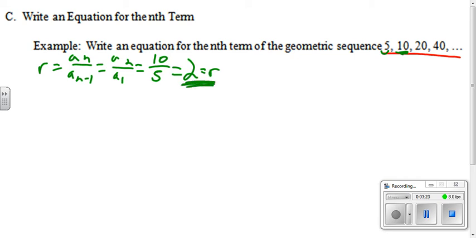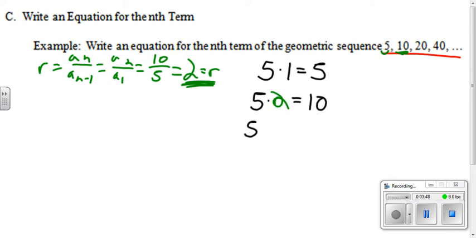Now that we know r, notice how if we start with 5 and we multiply it by 1, that gives us our first value. If we start with 5 and multiply it by our r, which is 2, that gets us to our second value.